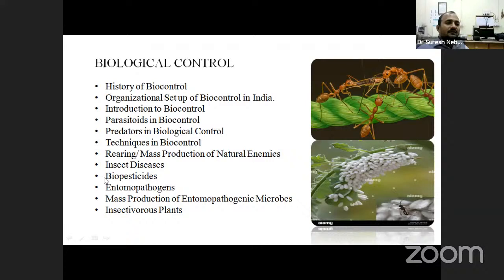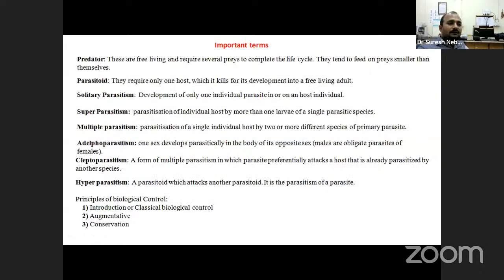These terms you will get in this course or in these books. Some terms I have tried to list here, so you can understand what type of terms you have to study, like predator, parasitoid, you know.